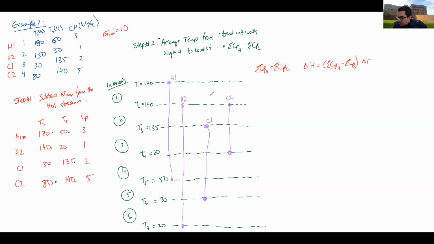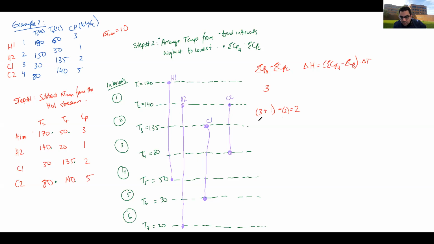In interval number 1, summation of CP hot is what? I only have H1 here, and this one is 3, so this is equal to 3. In interval number 2, I have two hot streams, H1 and H2. CP for H1 is 3, CP for H2 is 1, minus summation of CP cold. I only have one cold stream, minus 2. So this is 4 minus 2. This is 2.